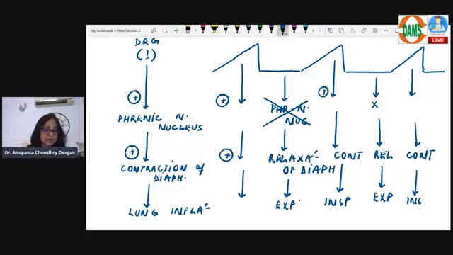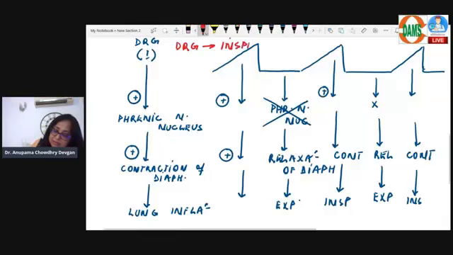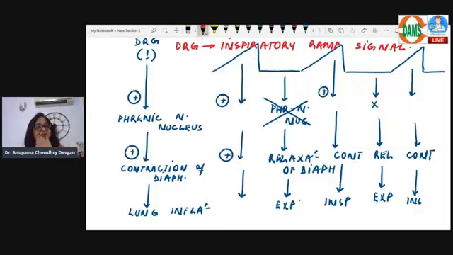This signal that you see from DRG, DRG sends an inspiratory ramp signal. Make sense? Why inspiratory? Because it is active only during inspiration. Why ramp signal?